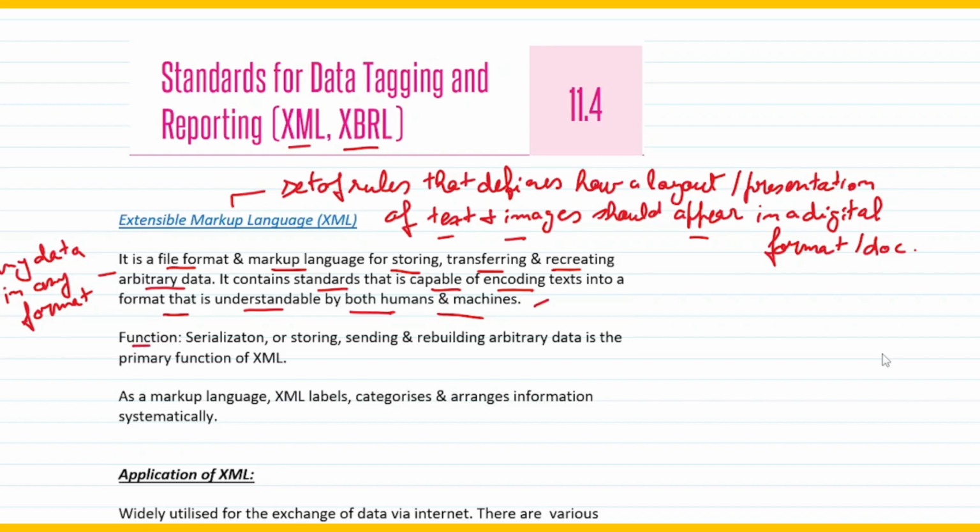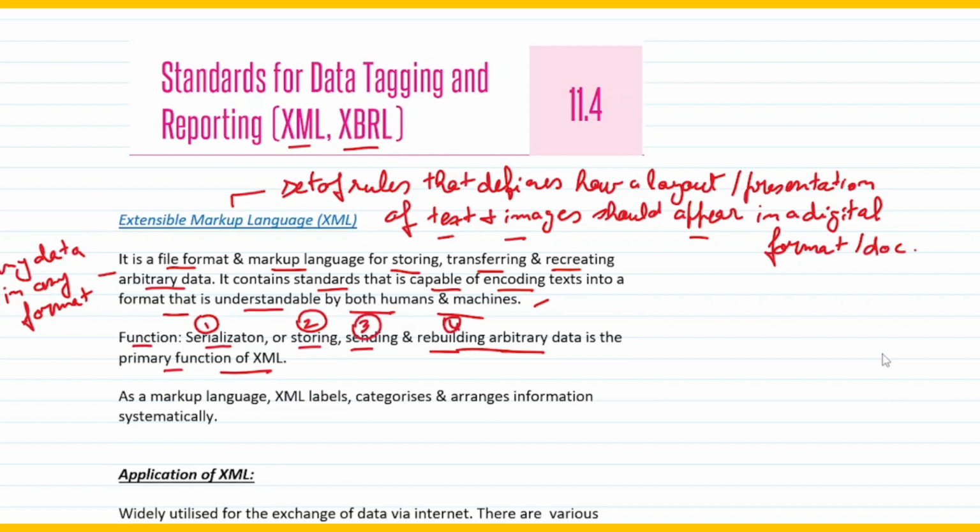Now what is its function? Basically it is used for serialization, or storing, sending and rebuilding arbitrary data, and that is the primary function of XML. If they ask you, you just tell them that the function, first of all, is serialization, storing, sending and rebuilding arbitrary data.